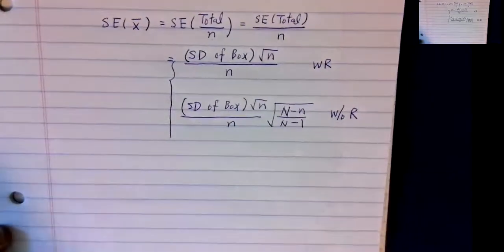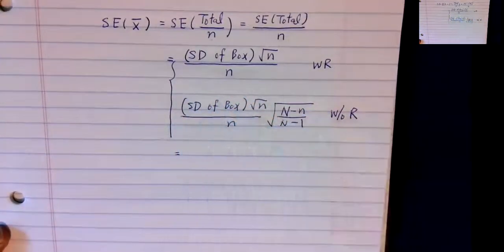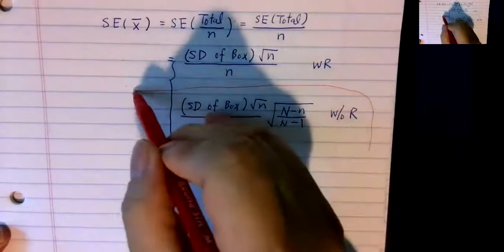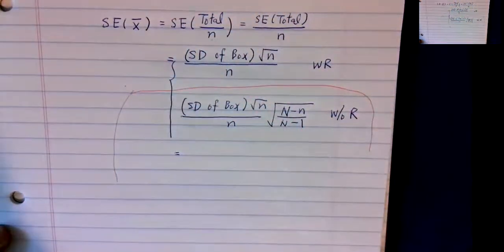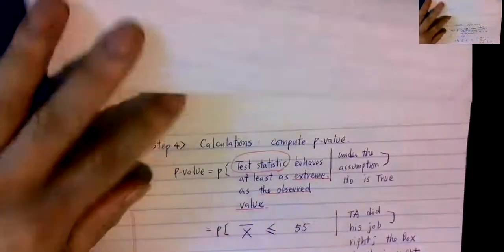Our case happened to be without replacement, since we make the draw without replacement. So this is the one we want to look at. What's the standard deviation of the box? Anybody still remember from the previous page?